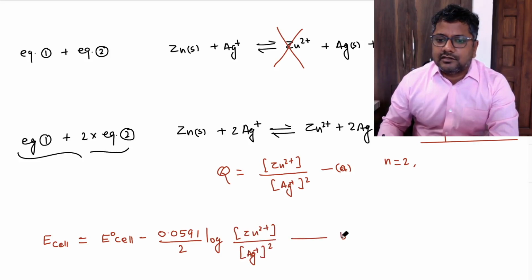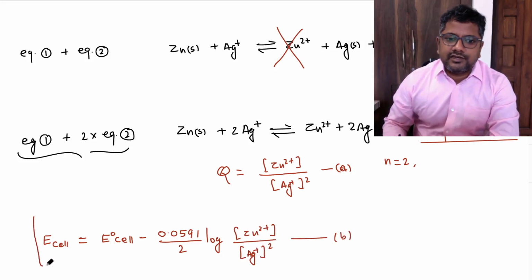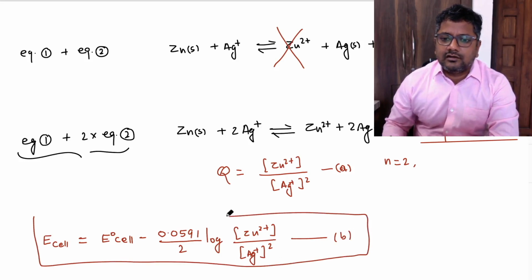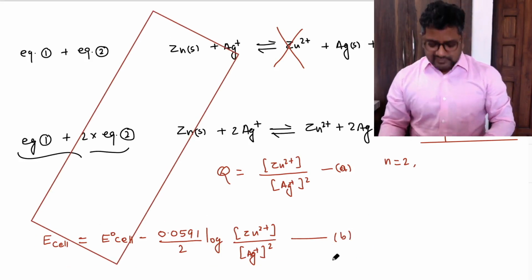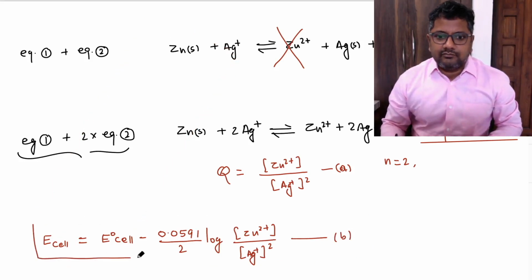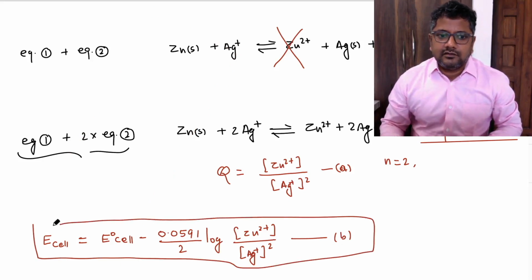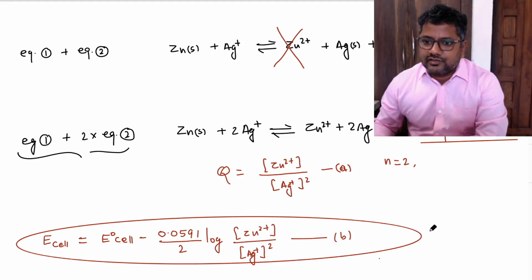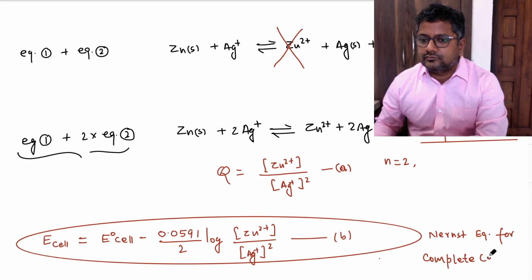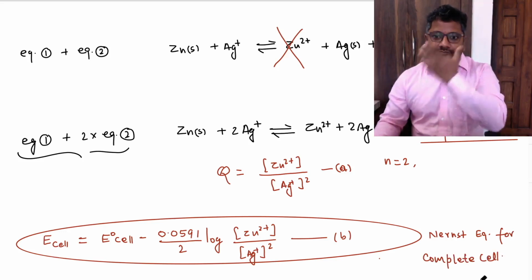So this is the Nernst equation for a complete cell.